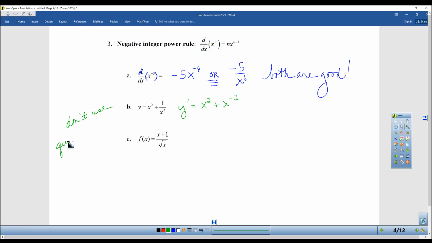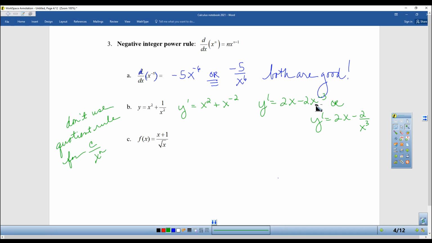It's not that you can't, but don't use the quotient rule for some kind of constant over a variable. It's just much easier to do it this way because now y prime is just 2x minus 2x to the negative 3, or y prime is 2x minus 2 over x cubed.